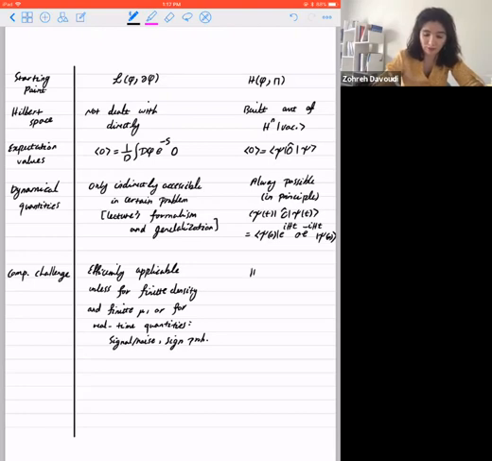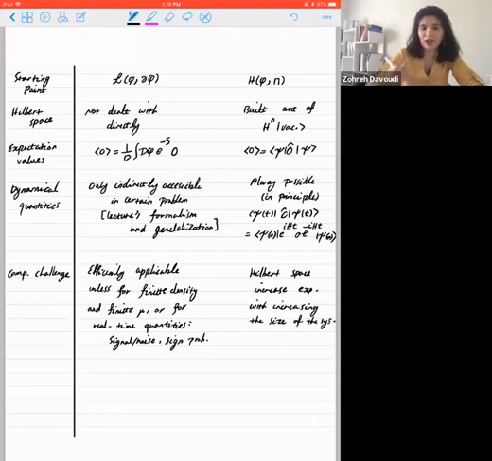So the Hilbert space increases exponentially with increasing size of the system, and therefore classical computations are pretty hard.